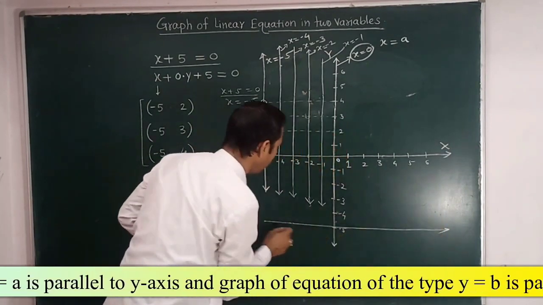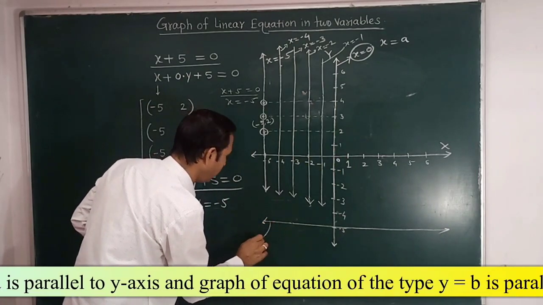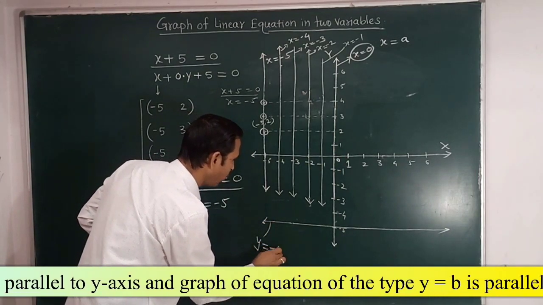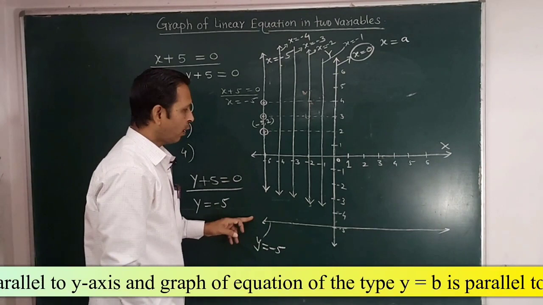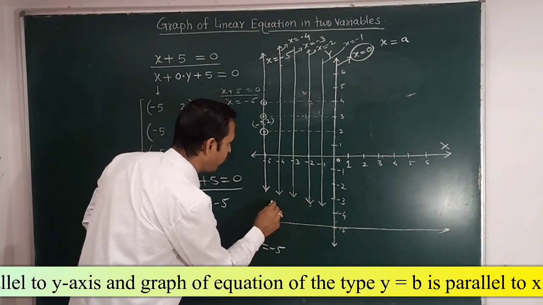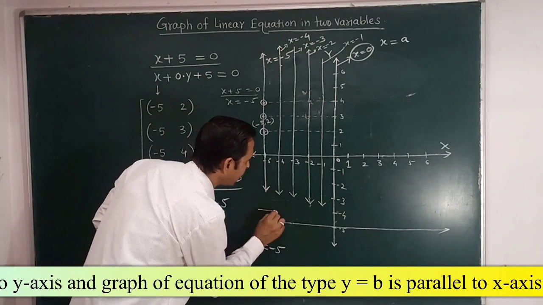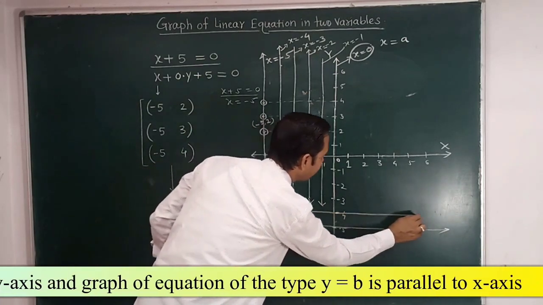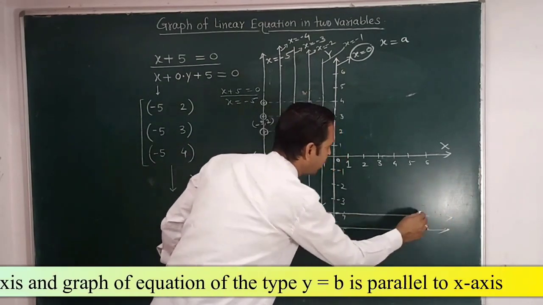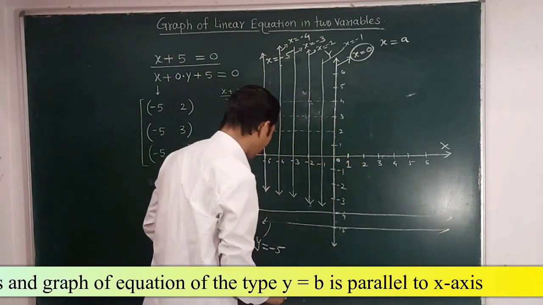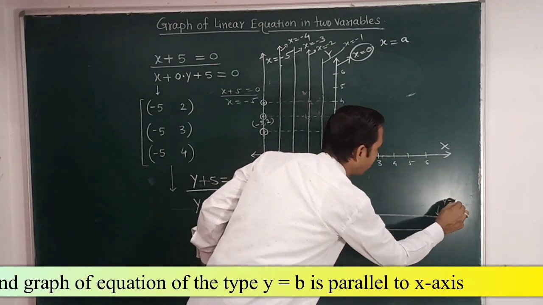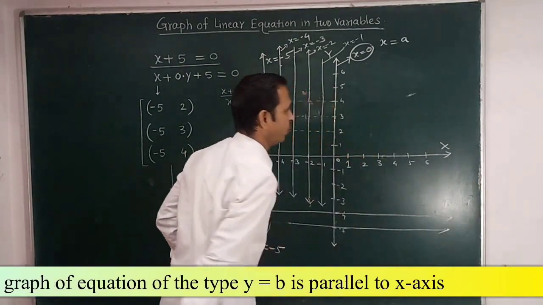See here, this is the graph of the equation y is equal to minus 5. Now again, if we draw the line parallel to the x-axis and passing through minus 4, what is the equation of this line? That is y is equal to minus 4.